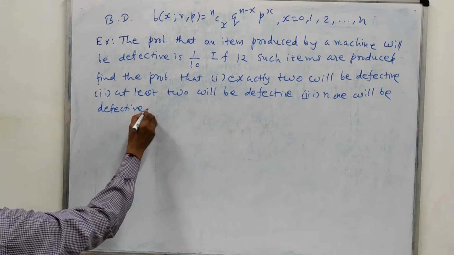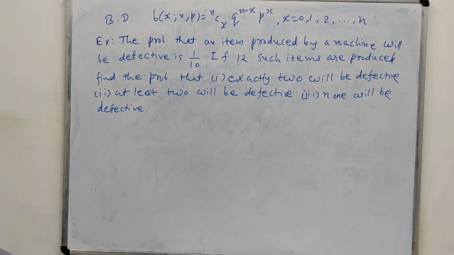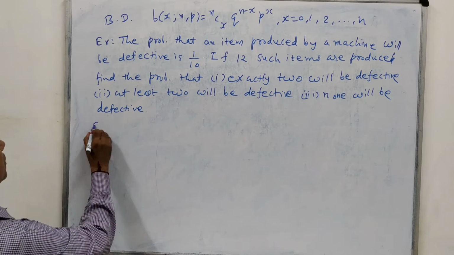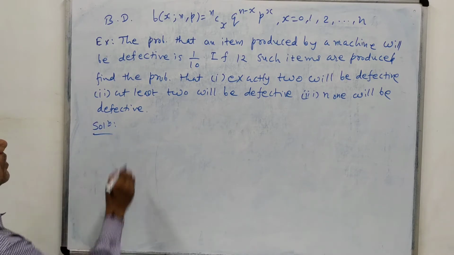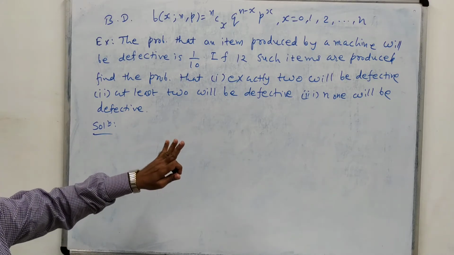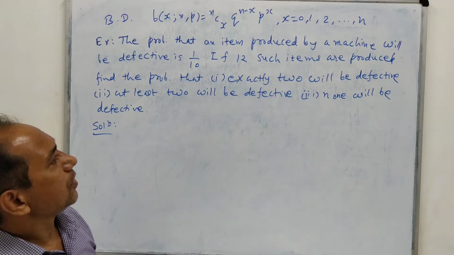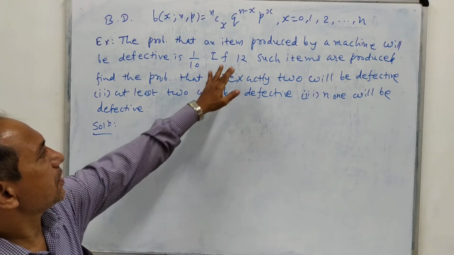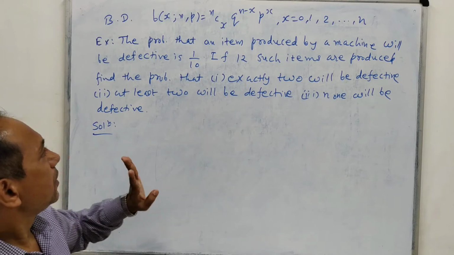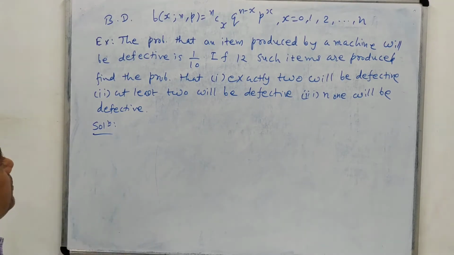So here you can see that this problem is very simple because all the data are given clearly. It is the case of binomial distribution because the probability is given and the number of trials, that means 12 items, is a finite number.